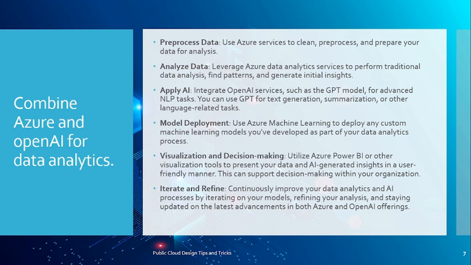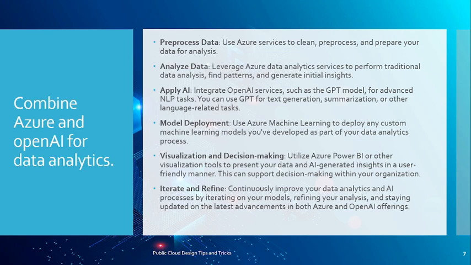The sixth one is iterate and refine. Continuously improve it. The way you train your system and the way you deploy your various models, the same way you will get the result. So that is the continuous improvement of your data analytics and AI process by iterating on your models, refining your analysis and staying updated on the latest advancements in both Azure and OpenAI offerings.